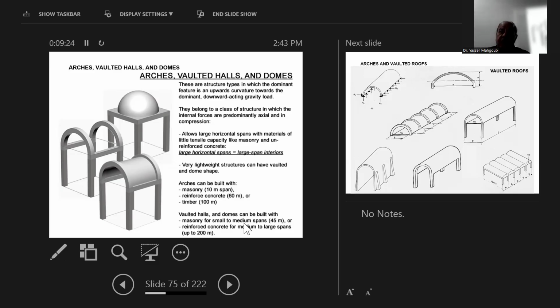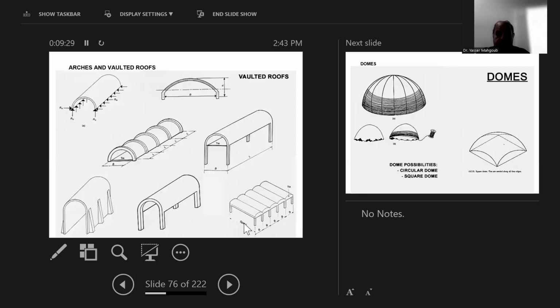If you have holes or spaces that are 30 by 30, you need to think about the system that can cover that. The vaulted roofs can also be used to cover the roofs. So don't think about the whole system as one system. I can use the lower 2 floors skeleton, and then the last floor or roof, I can use a different system.